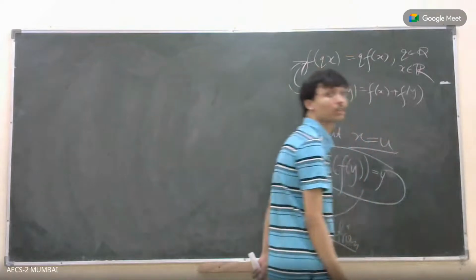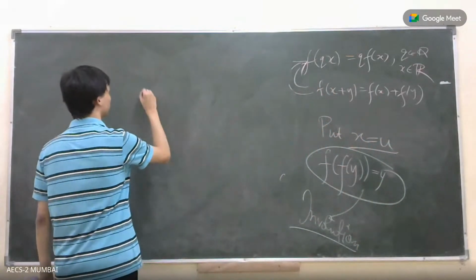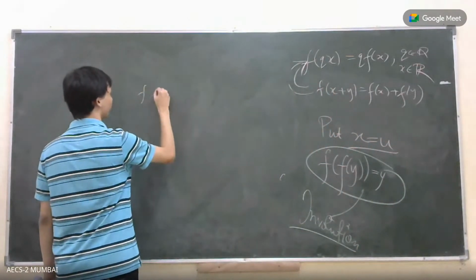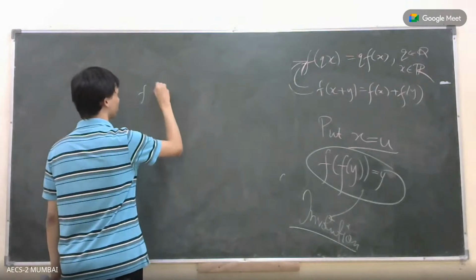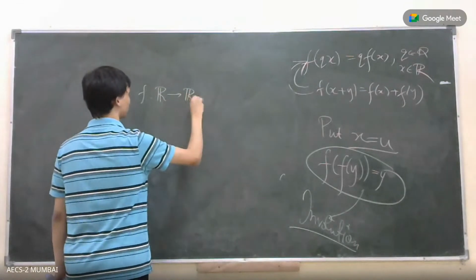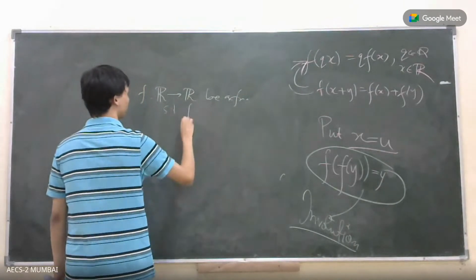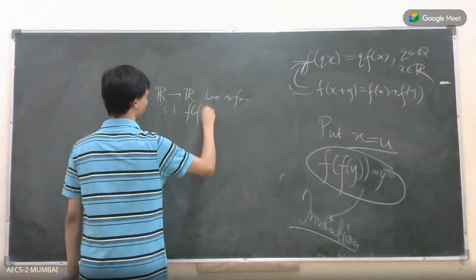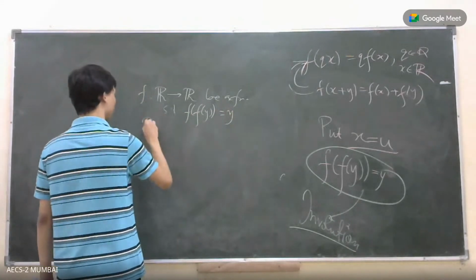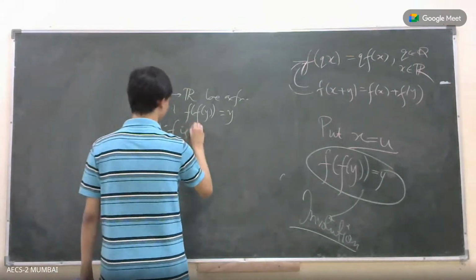The reason I told you all of this is because: let f from R to R be a function such that f(f(y)) equals y. Prove that f is bijective.